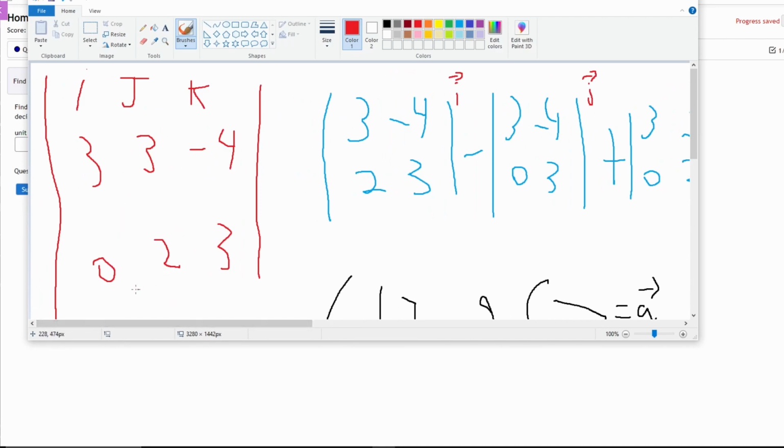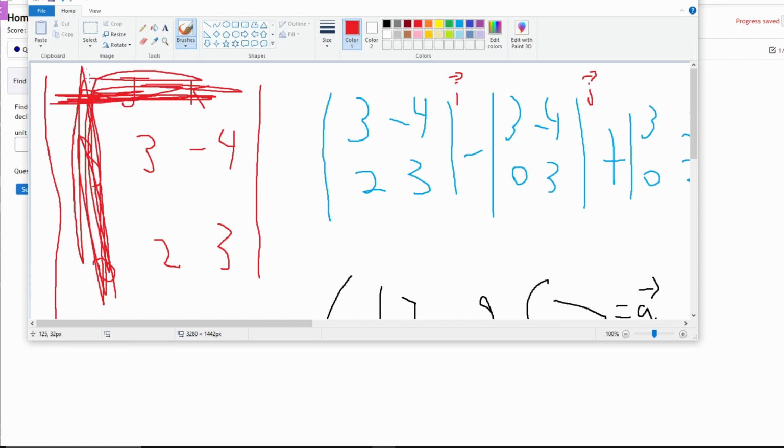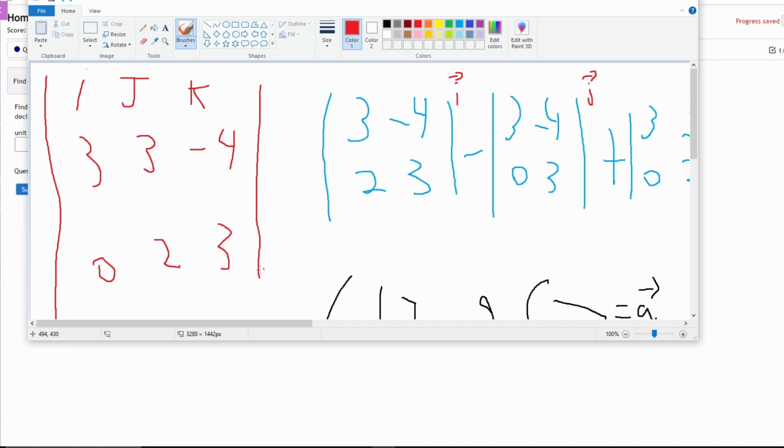You want to find the i of this vector. First row goes away. First column goes away. You have a 2 by 2 matrix. 3, -4, 2, 3. That's for the i. Now from the j, you subtract the j from the i in this formula.